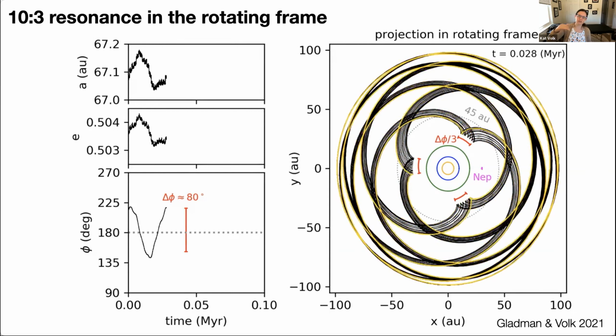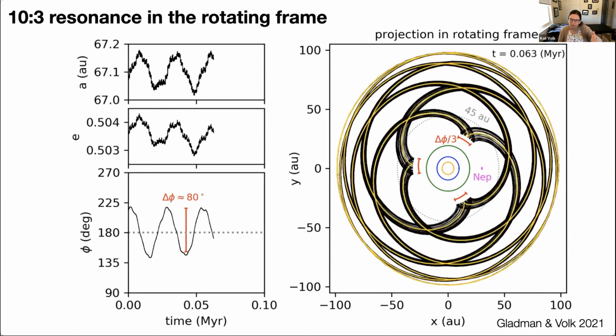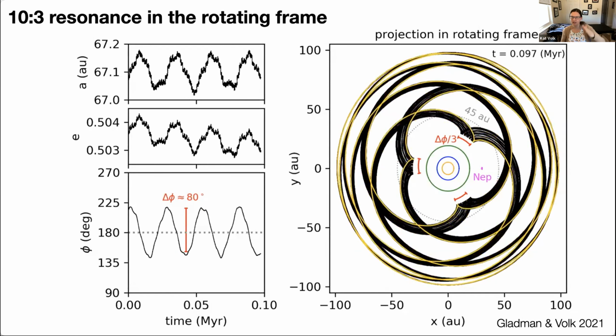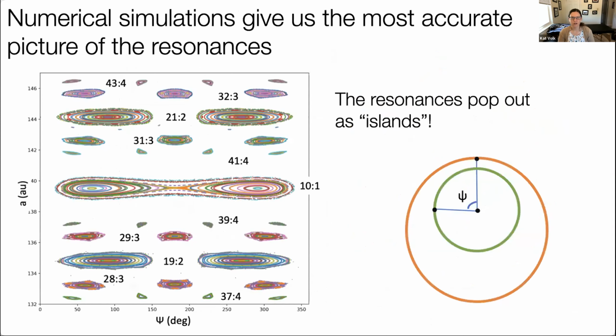If we look at longer time scales, they wiggle back and forth. That's the libration. You can see that the semimajor axis is going up and down in the top left plot, and in time with that libration, the eccentricity goes up and down. So in the surfaces of section approach, we are just recording at that perihelion passage exactly the semimajor axis and the angle relative to Neptune.